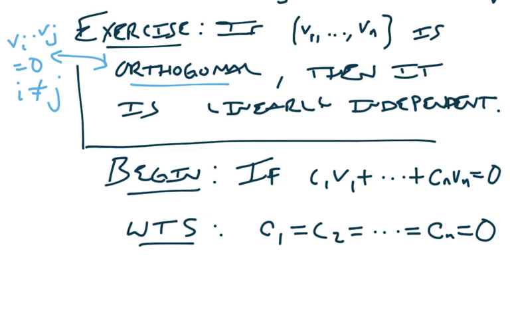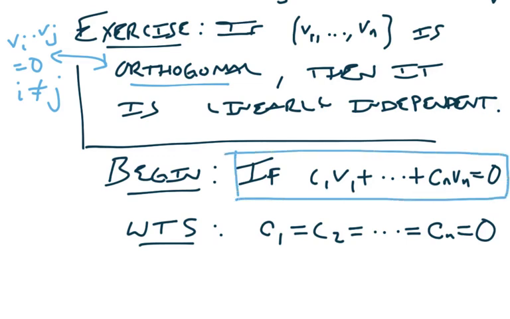Use this dot product idea combined with your only supposition, your hypothesis, which is that this linear combination adds up to 0. And using the dot product with this thing in the blue box here, you'll be able to conclude that all the coefficients individually must be zeros. All right, so I will leave that as an exercise for you.